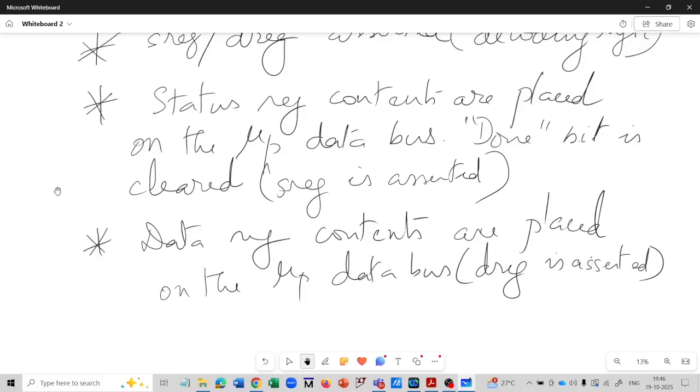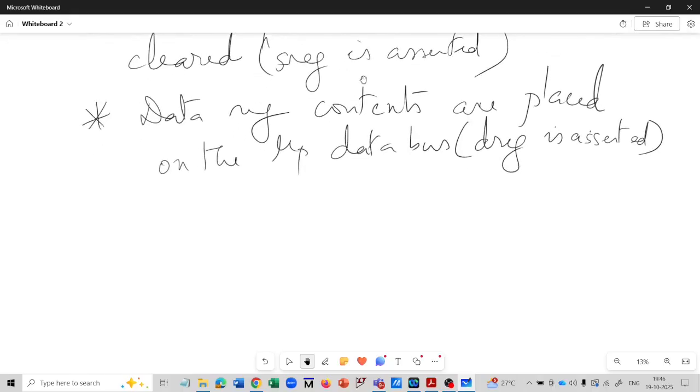So the processor is expected to read the status or data register after the successful completion of a memory access, as indicated by the setting of the done bit and the interrupting of the processor by the interface controller. So with this, we have listed out all the transactions that are part of the interface controller functionality. With this understanding, now we are ready to move on to the hardware design of the interface controller. So that will be the topic of the next video.